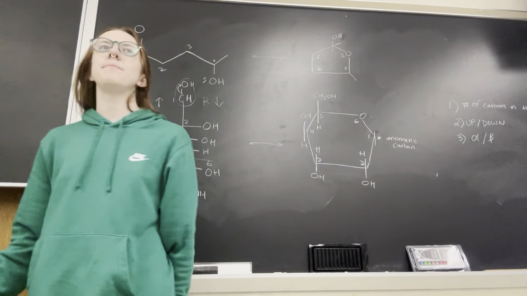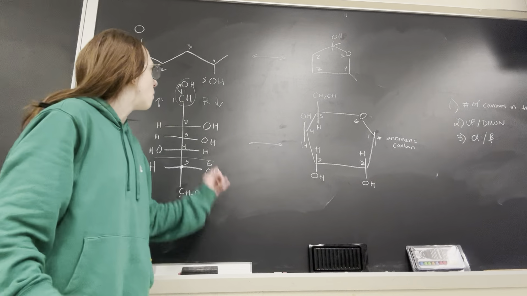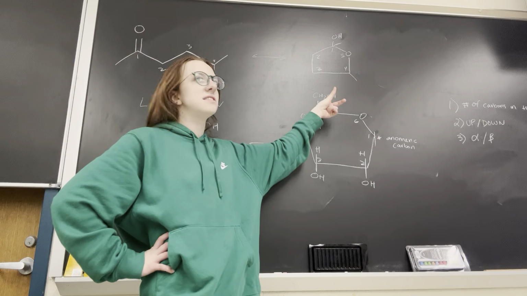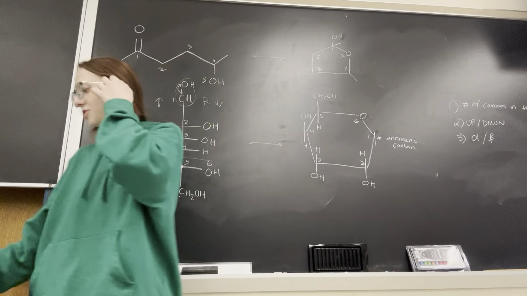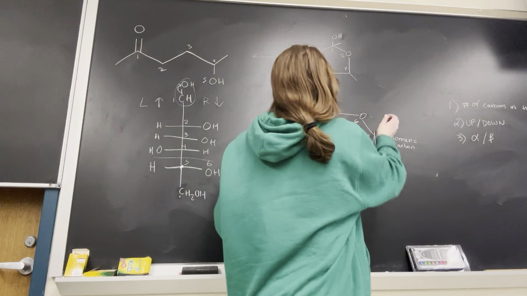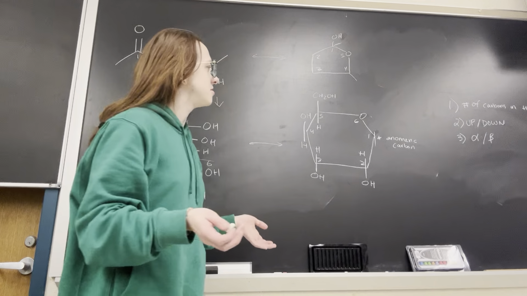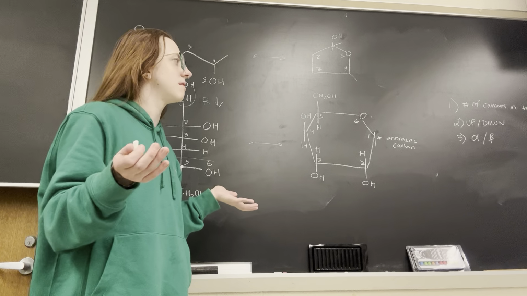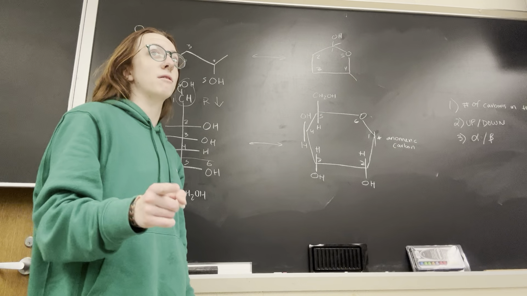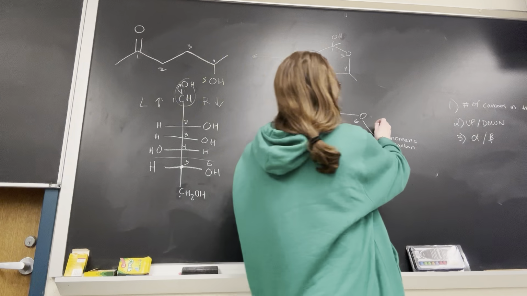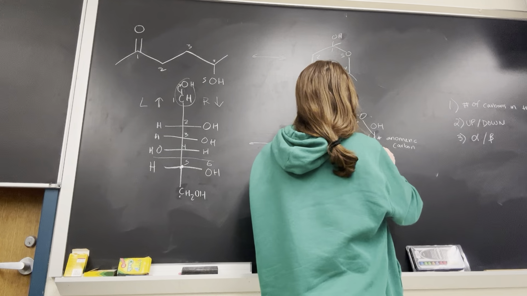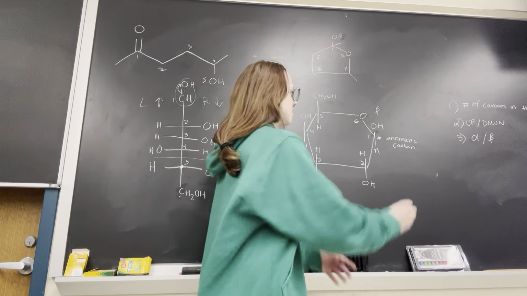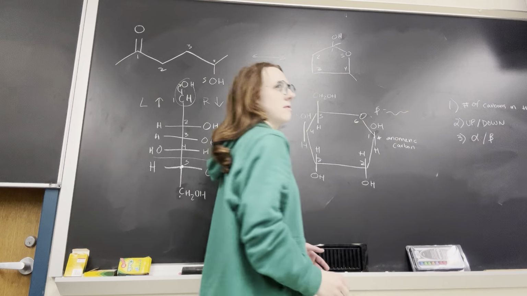Alpha and beta indicate whether this final OH is going to be pointing in the same direction as the CH2OH or in a different direction. This one is also counterintuitive, because I think alpha should be up. But I know that's wrong, and that's why I remember, because it's not that. Beta will have the OH up. So this would be beta, insert sugar name here.